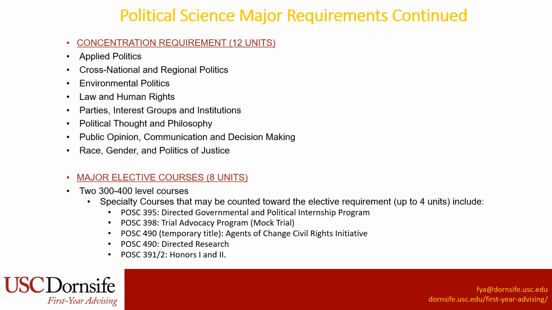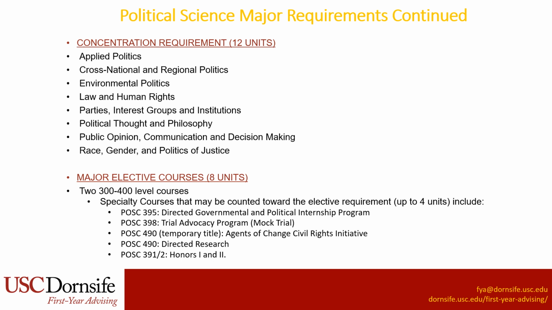And then the political science major also has a concentration requirement. And this is really nice because it allows you to dive deeper into your area of political science that you are most interested in. So there are many different concentrations to choose from. There's no rush to declare a concentration.